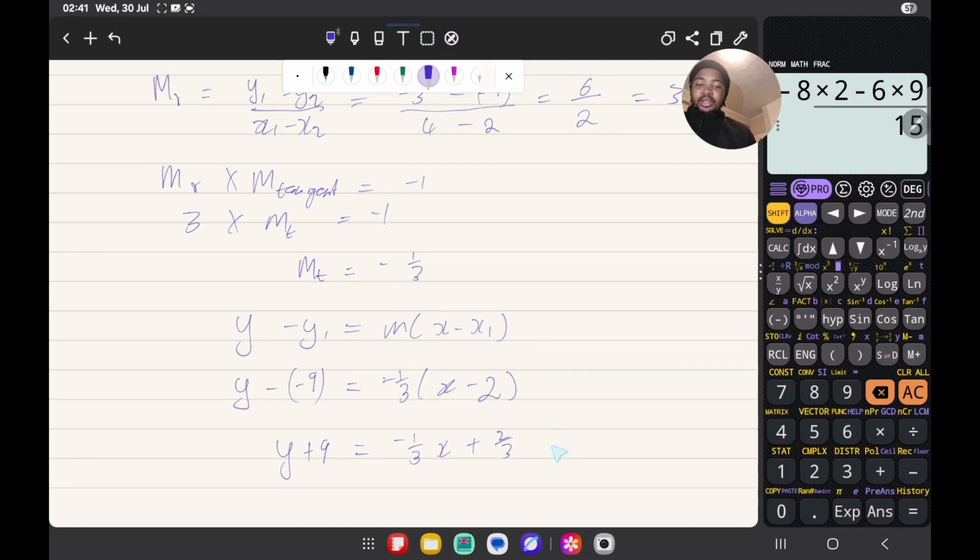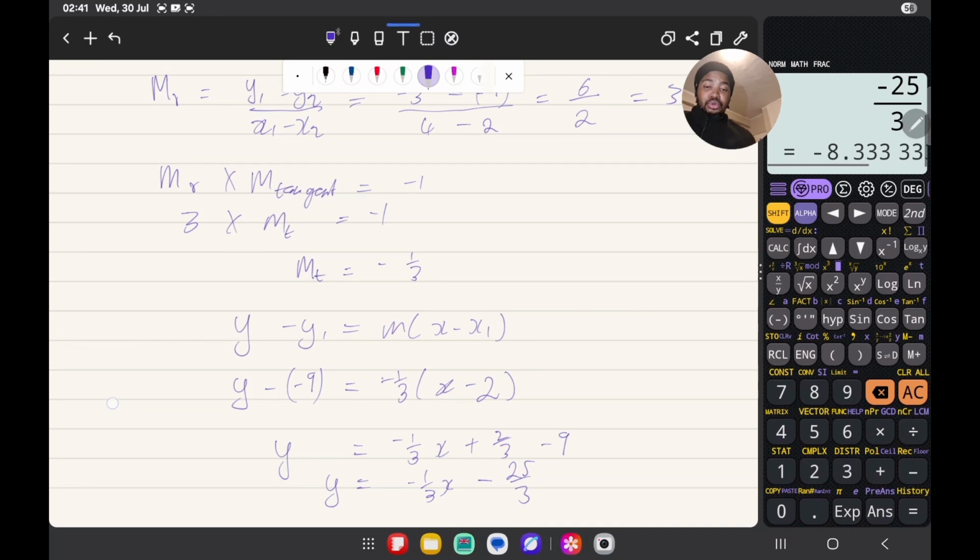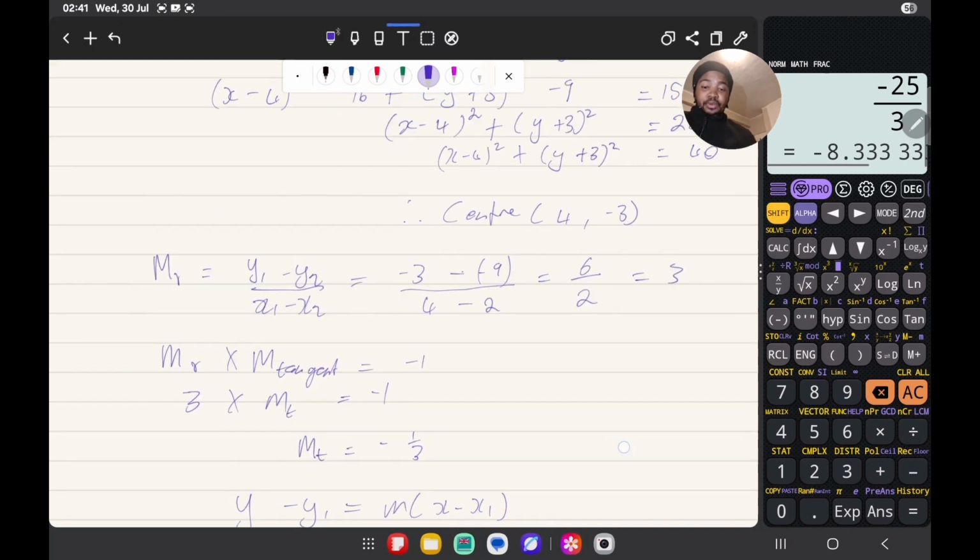And then of course the 9 goes across as minus 9, and therefore you're going to have y equals minus 1/3 x plus 2/3 minus 9, which is minus 25/3. So this is the equation of the tangent.